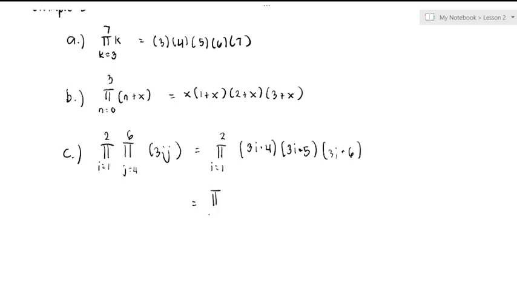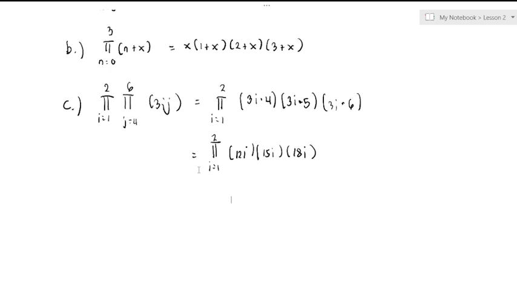So, ayusin muna natin. This is 12i, 15i, and then 18i. Ngayon, saka natin i-expand to. Substitute natin yung I from 1 to 2.